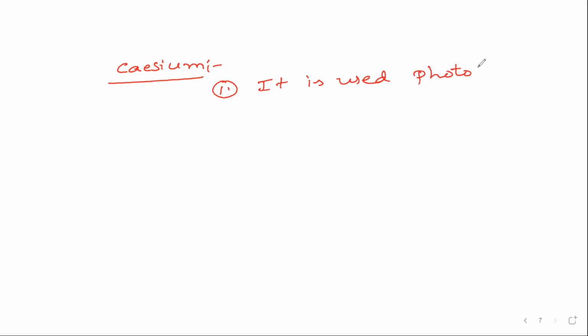Next, cesium. So what are the important uses of cesium? It is used in photoelectric cells.